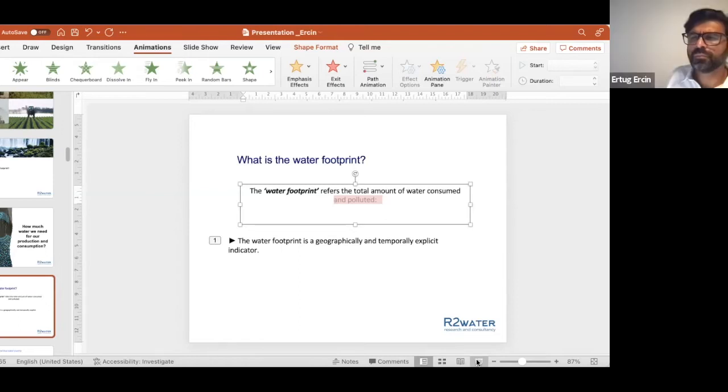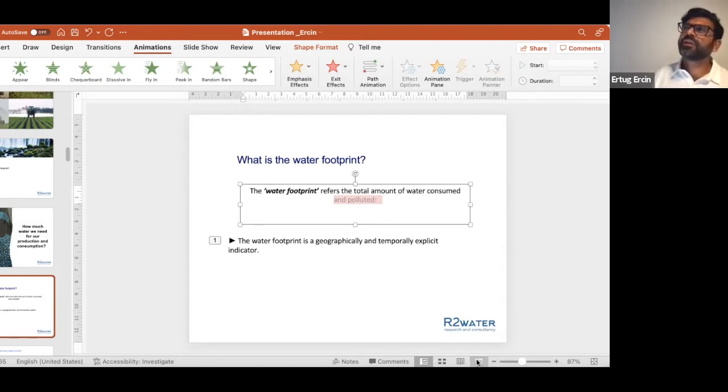Mm-hmm. No, it's true. Reclaimed water is used for irrigation a lot, as far as I know. I'm not going into the calculations, but ultimately water footprint calculation addresses these reclaimed water parts, how you address it, and how you can count it in the water accounting.